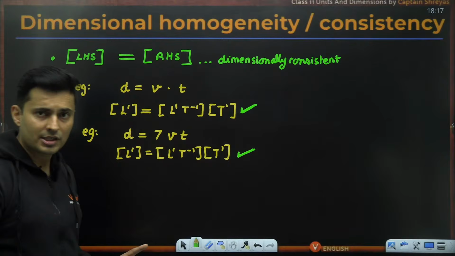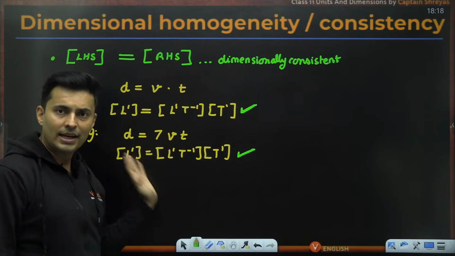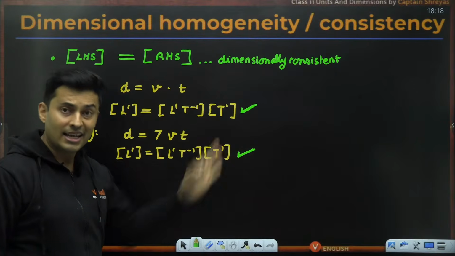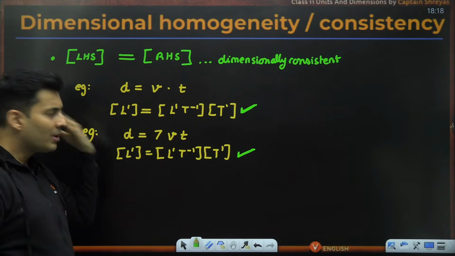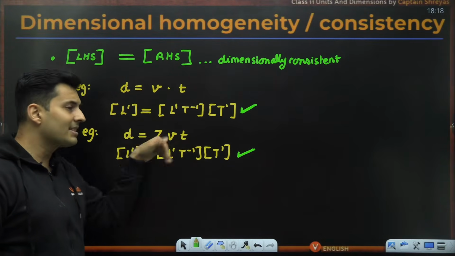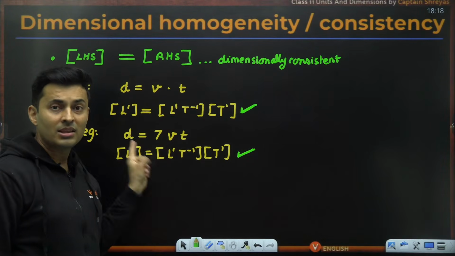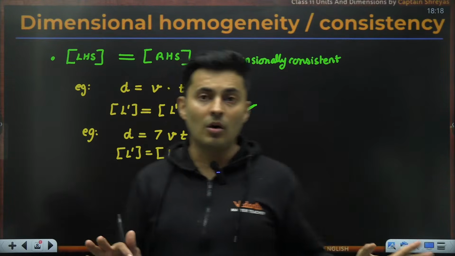But there is a catch. Even though dimensionally LHS is equal to RHS, there is a catch. Can you guys quickly tell me what that catch is? If you remember, the formula is distance is speed into time. Where is distance 7 times speed into time? This is physically wrong. Formula wise, this is wrong.